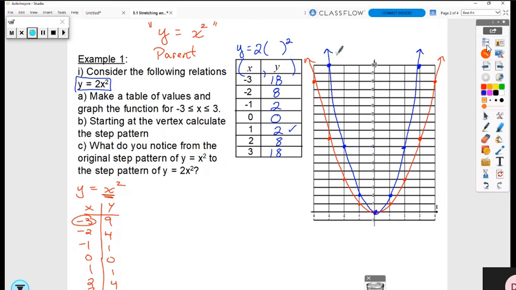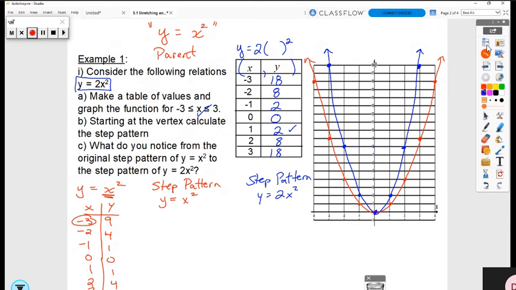So we made the table of values from -3 to +3, okay. Starting at the vertex, calculate the step pattern. Okay, well, let's calculate the step pattern. Maybe over here we'll say step pattern for y equals x squared, and then we can do the step pattern for y equals 2x squared, like that.